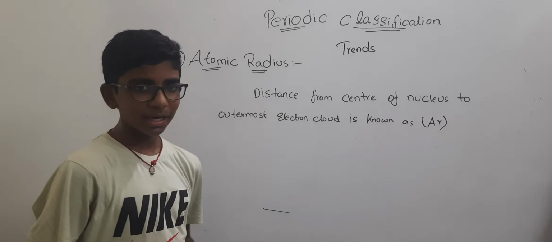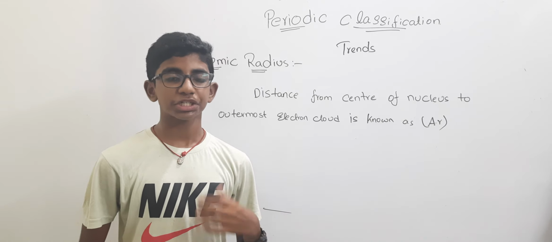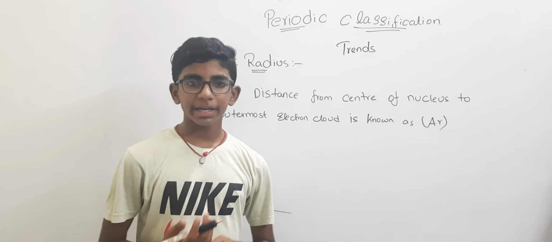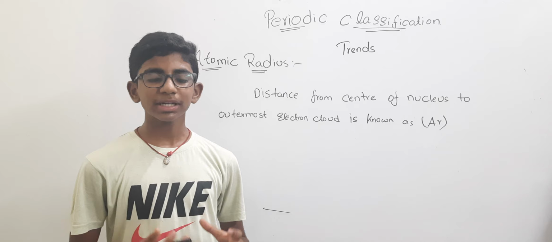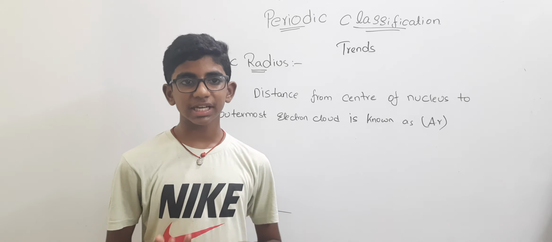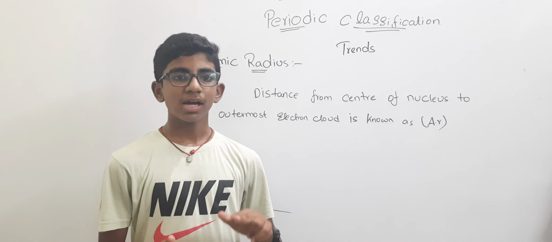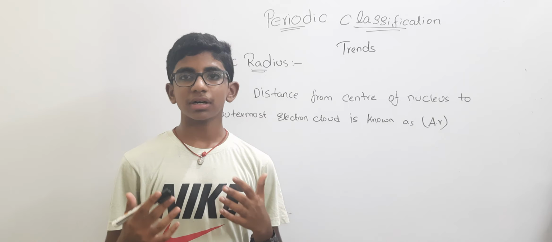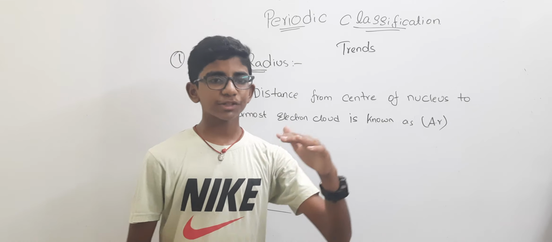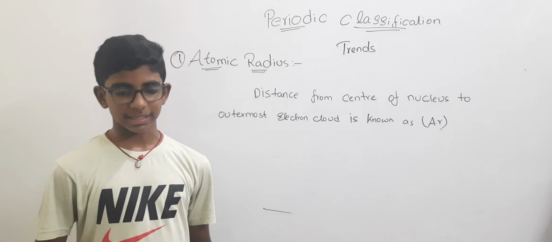Atomic radius is a very important characteristic of an element. It mainly depends on the screening effect, penetrating effect, nuclear charge, and the number of shells in an atom. These four we will discuss in this class.